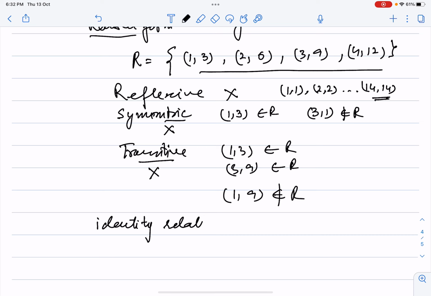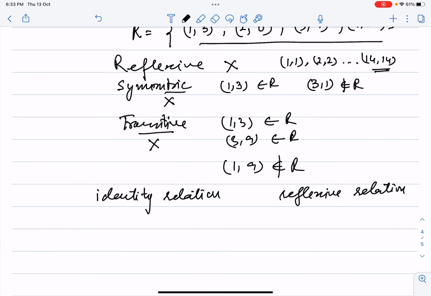Identity relation and reflexive relation. I sometimes make spelling mistakes, so forgive me for that. See, identity relation is a reflexive relation, but vice versa is not true. So identity relation is a subset of reflexive relation.